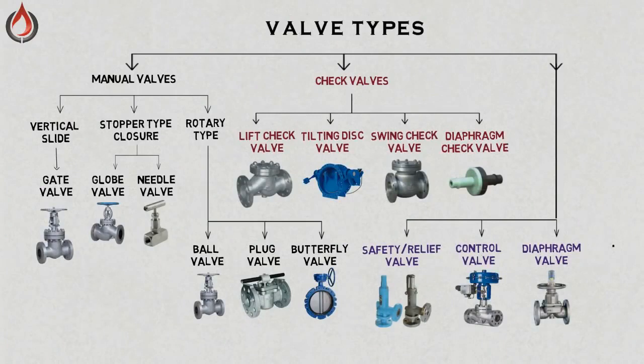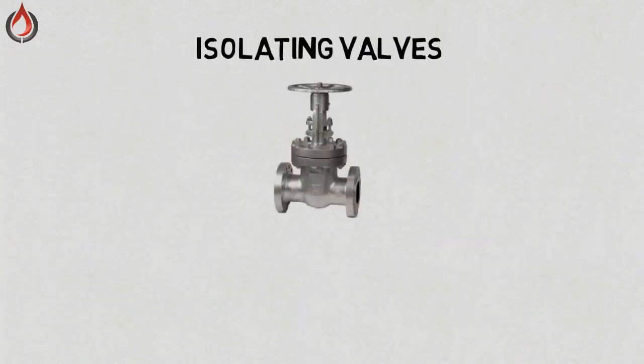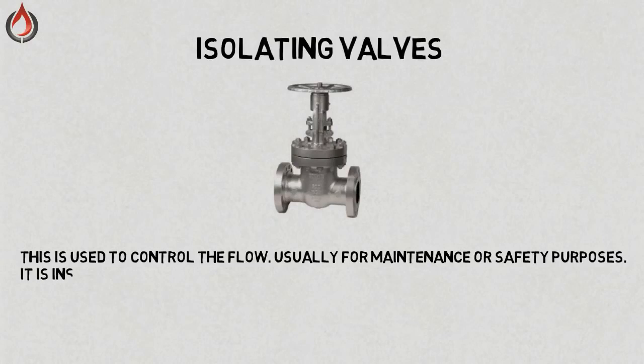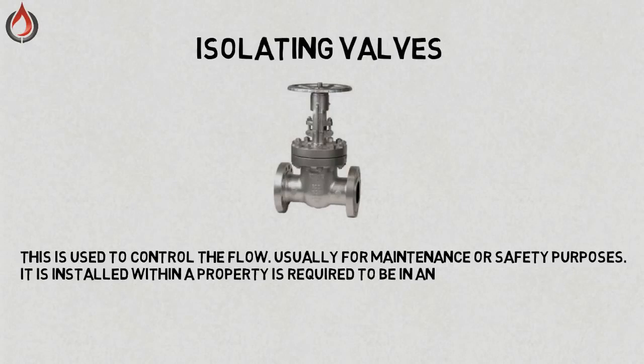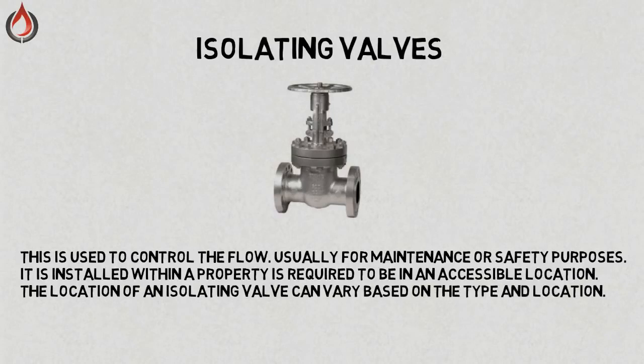Let's check some classification of valves based on their functions. Isolating valves. This is used to control the flow, usually for maintenance or safety purposes. It is installed where required to be in an accessible location. The location of an isolating valve can vary based on the type and location.